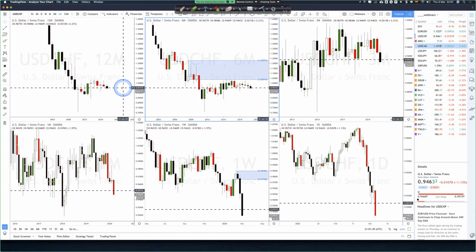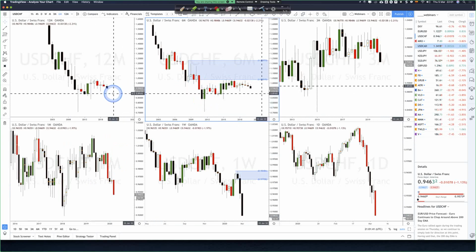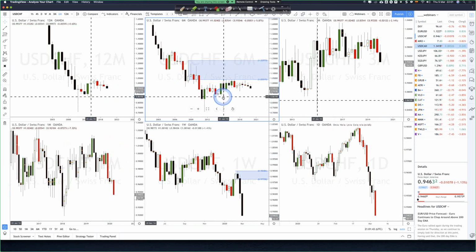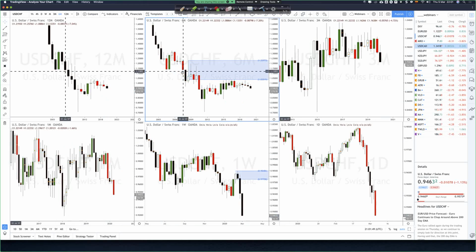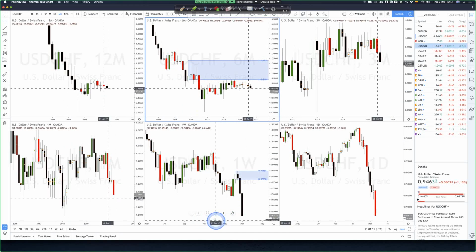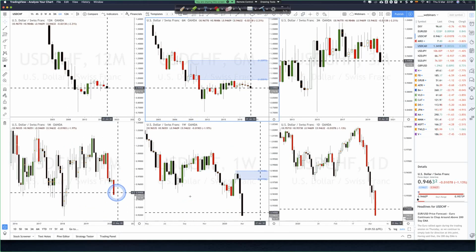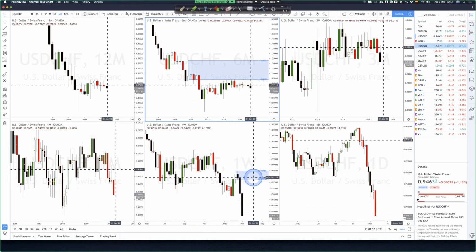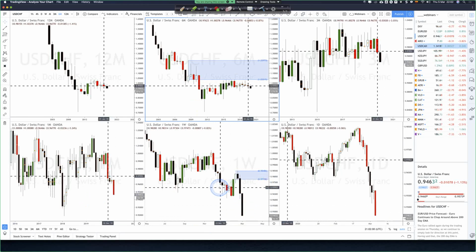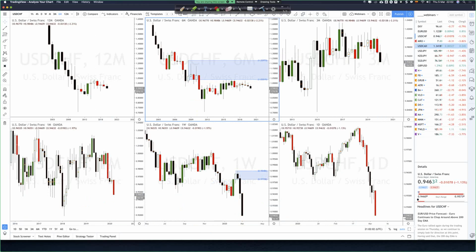But if you start drawing all kinds of confluences and trend lines everywhere, then you're always going to find a reason not to go short or long. In this case, it's very clear that short is the way to go. If there is an obstacle, like a trend line here on the monthly and the weekly, then that will help price retrace to the level that we should be looking to trade. Make sense?